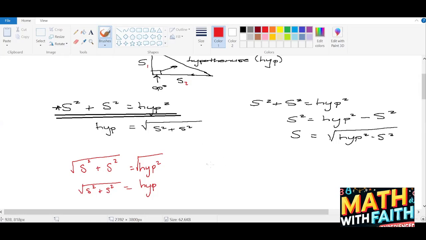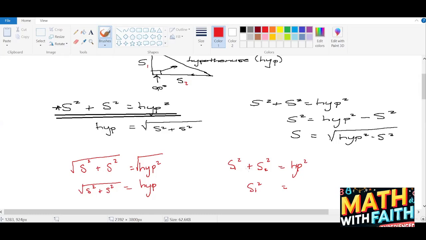Now suppose we want one of the sides. So let's write our formula back. Side squared plus side squared is equal to hypotenuse squared. We only want one of the sides. We know the other side, we want one side. So let's call this side 1 and side 2. Suppose we want side 1. We have to move side 2 to this side. So side 1 squared.